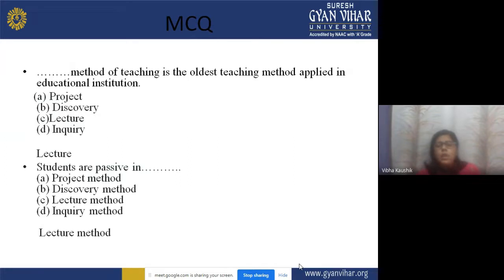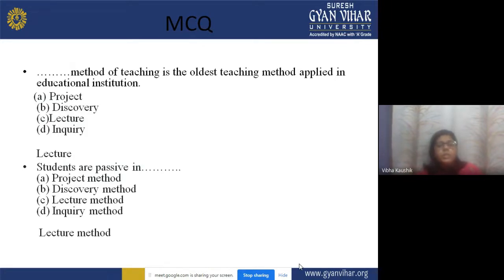MCQs are the best way to check how much students have learned, what their learning outcomes are. The first one: which method of teaching is the oldest teaching method applied in educational institutions?